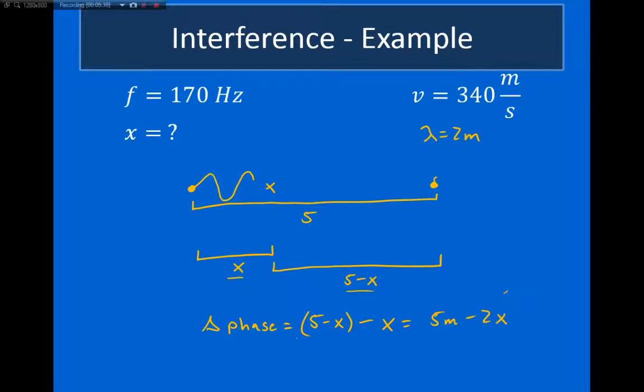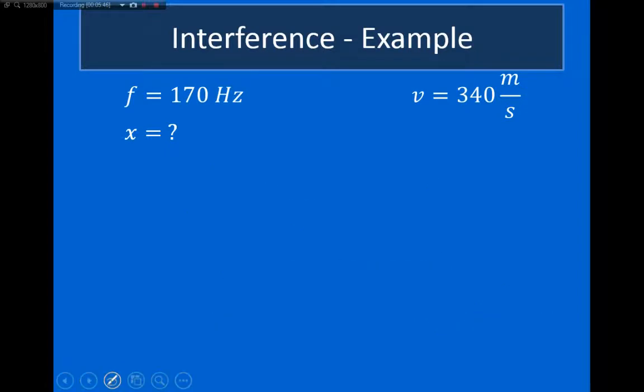And what we want to do is set this equal to an integer times the wavelength, which is 2 meters. So we said our condition for constructive interference was 5 meters minus 2x is equal to an integer times the wavelength.